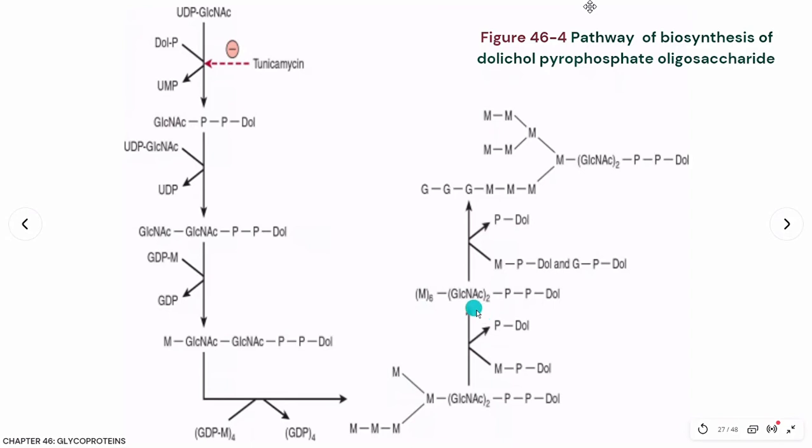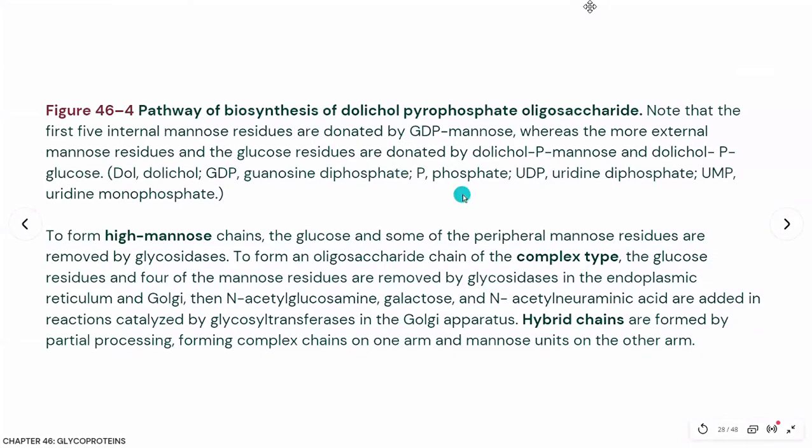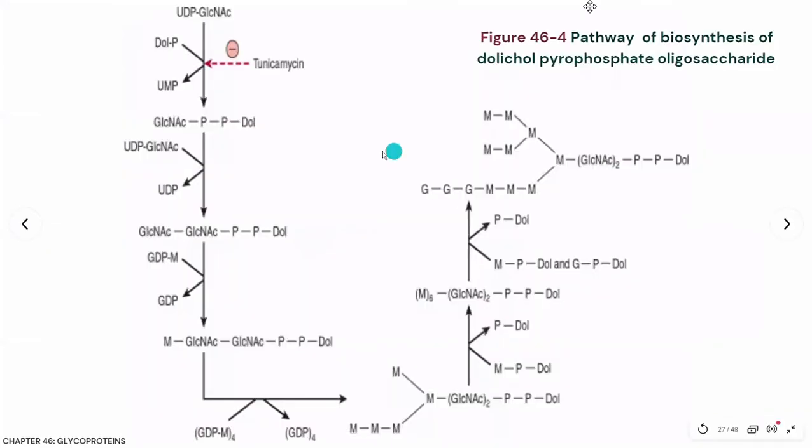So there were already 2 of this, and then 6 of mannose. All right. So until finally it is this. So starting from your dolichol pyrophosphate. This is quite a big molecule, this dolichol alone itself.